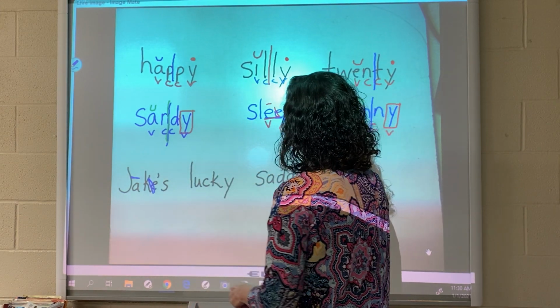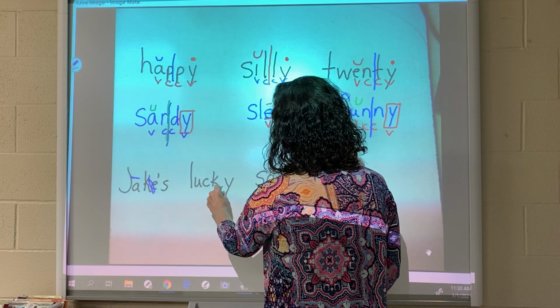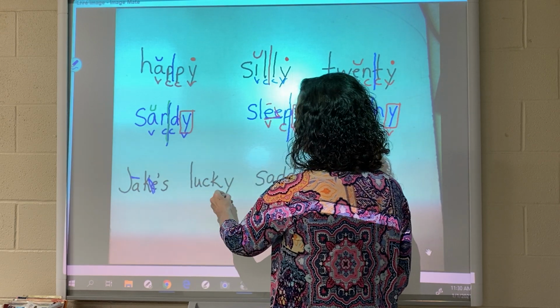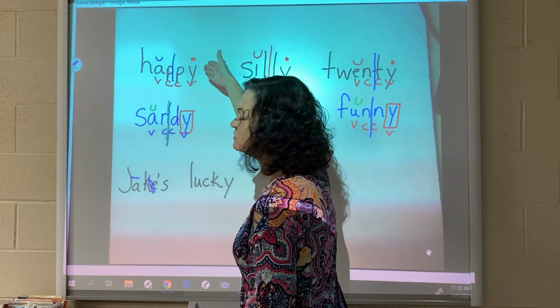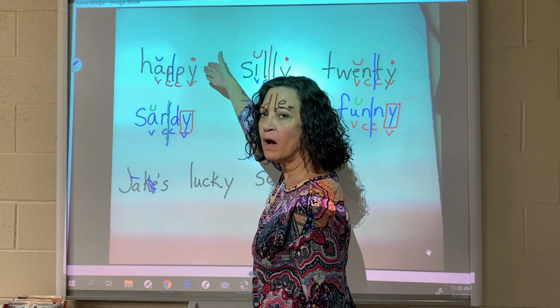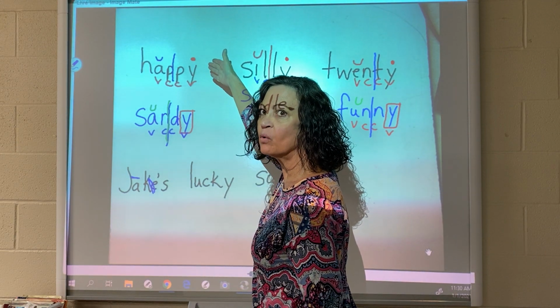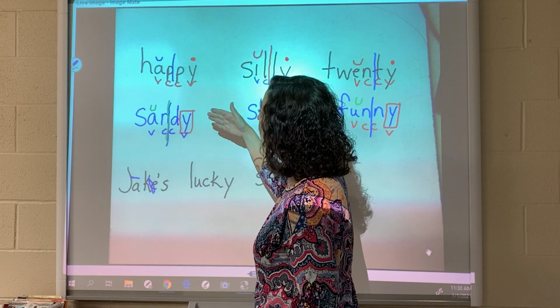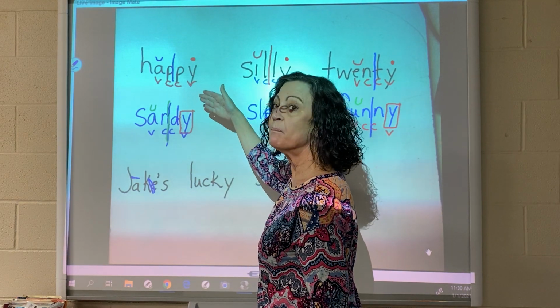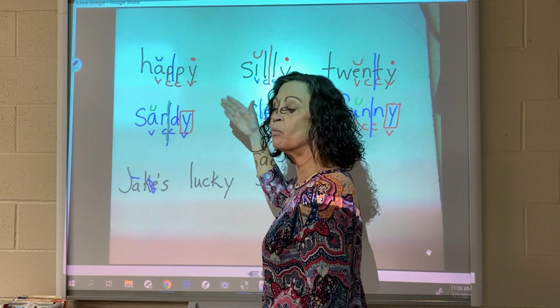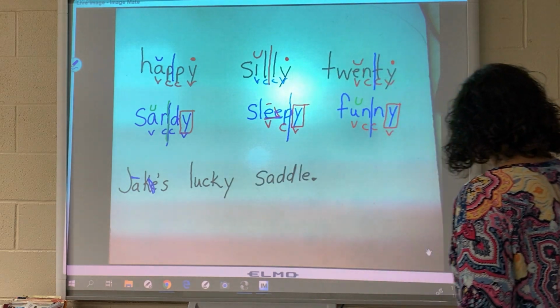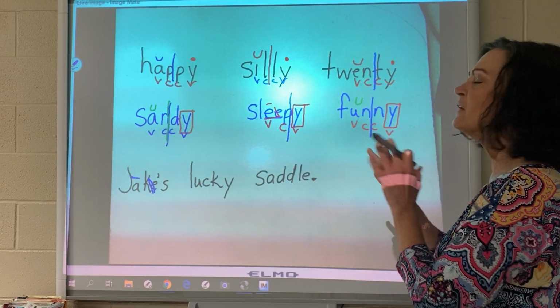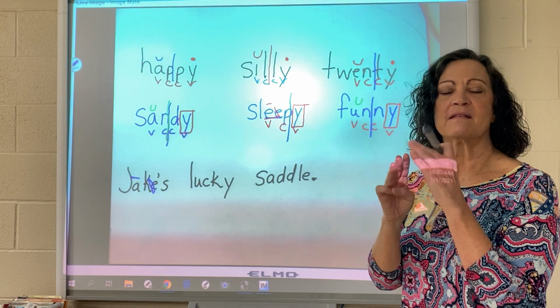Now, this word is either going to be a two-syllable word with a Y saying I, or a two-syllable word with the Y saying E, but we code it as a suffix. Now, when I code that as a suffix, there's three different things that Y suffix means.